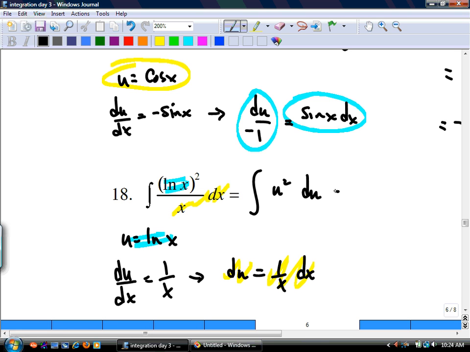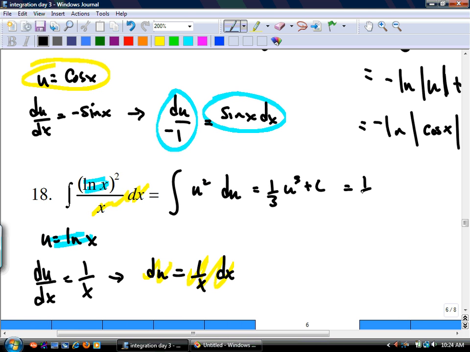One-third u cubed. So it's 1/3 bracket ln x bracket cubed plus c.